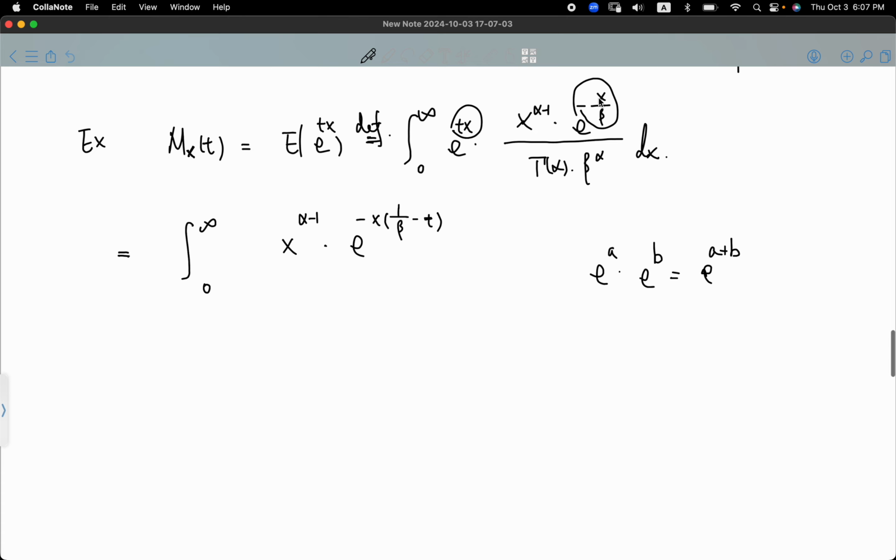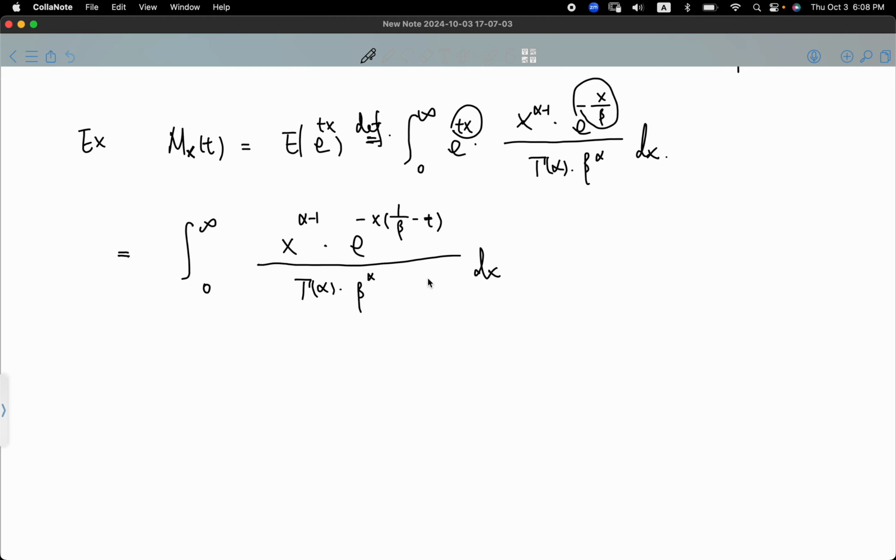You have one copy of 1 over beta minus t, because there's a minus sign here. Is that okay for everyone? So I just grouped this term and this term from the numerator together. And then we have the same denominator. And then dx.